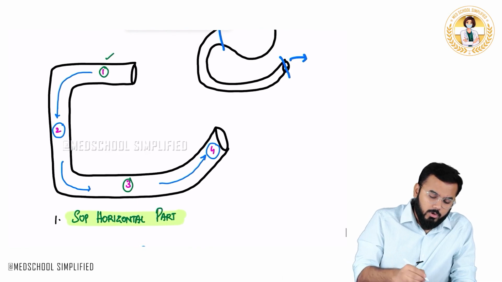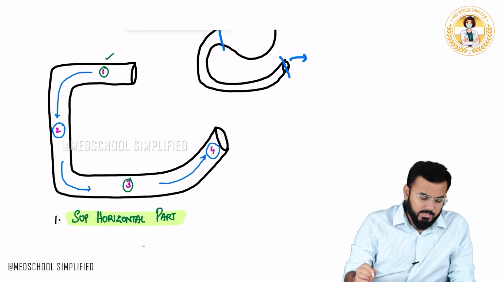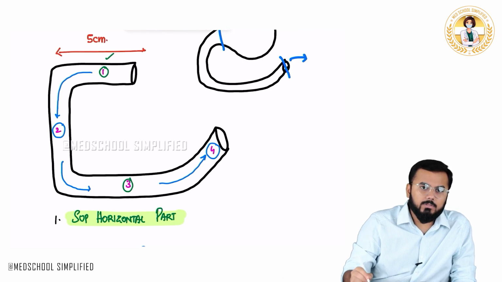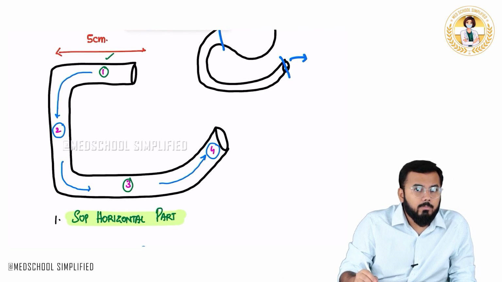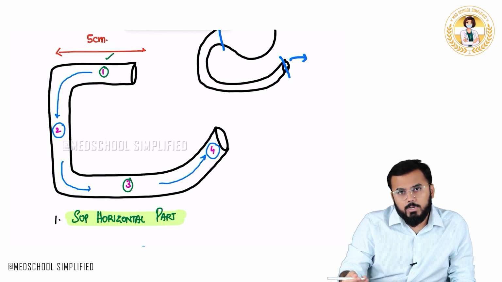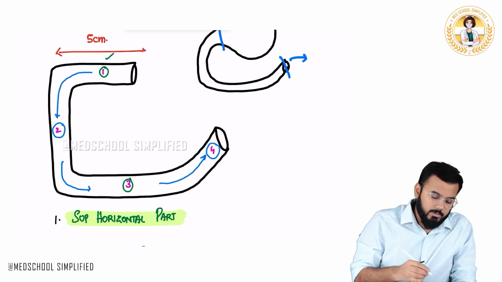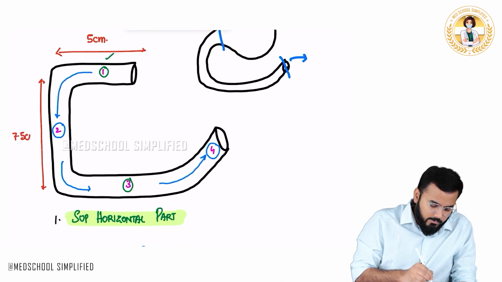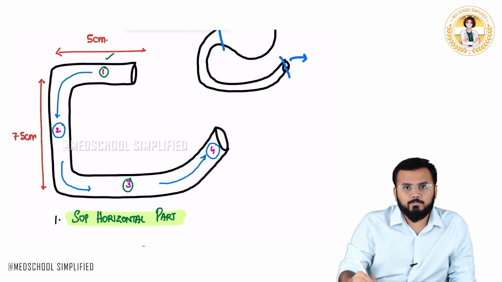Now if you look here, the length of the first part is around 5 centimeters and the length of the second part is a little bit bigger, usually 7.5 centimeters.